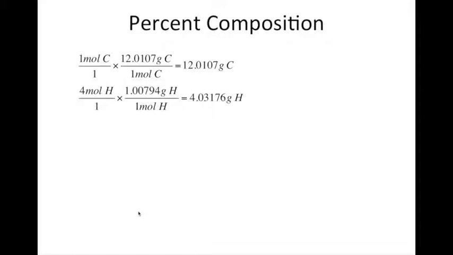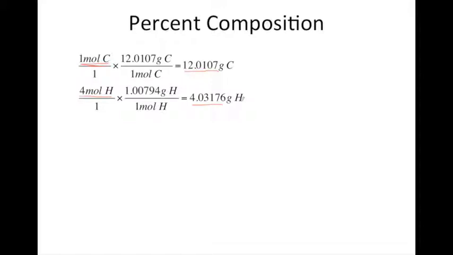So we can convert 1 mole of carbon into a mass in grams by using the molar mass of carbon, and we get 12.0107 grams of carbon. And the 4 moles of hydrogen that make up methane, we can convert into a mass by multiplying times the molar mass of hydrogen. And we get about 4 grams of hydrogen.